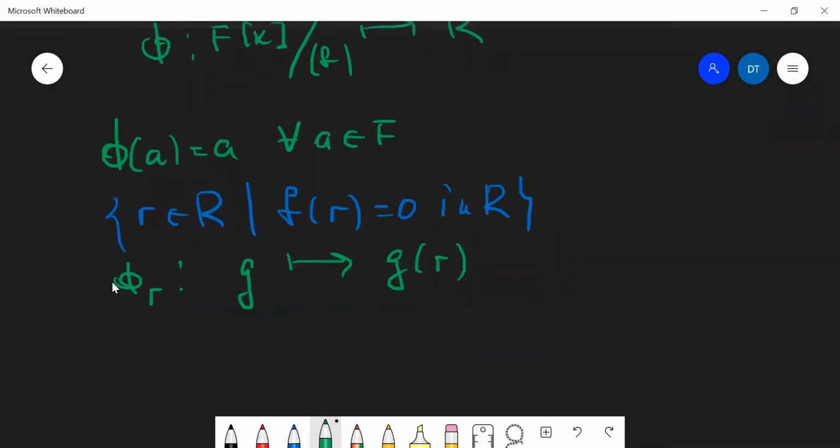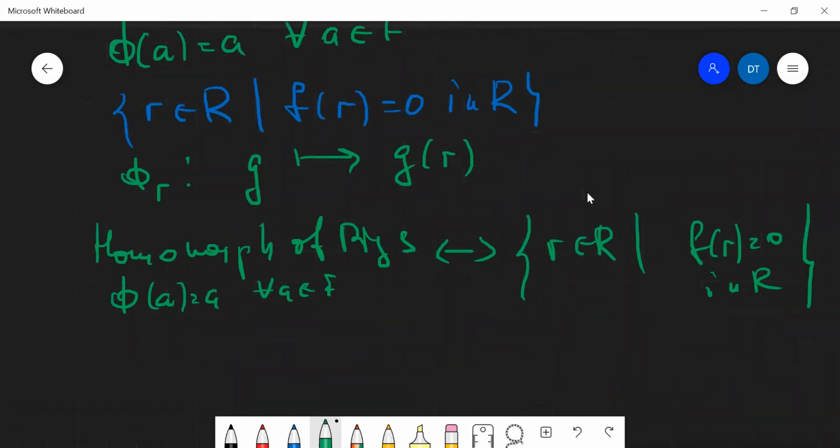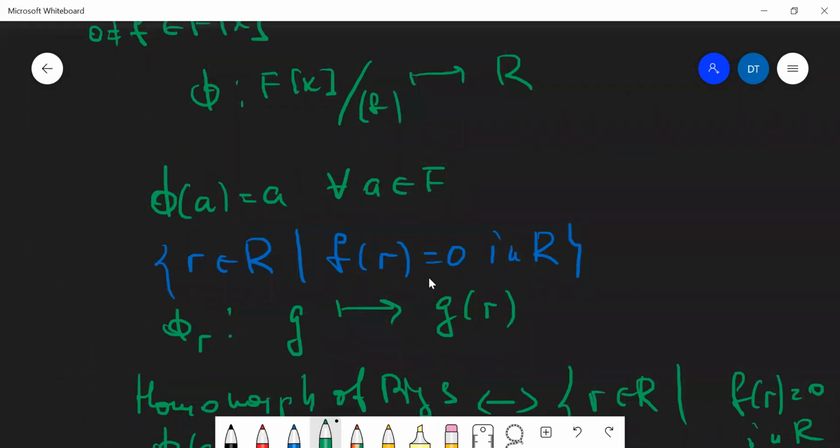So there is a bijection between homomorphisms of rings such that φ(a) equals a for all elements in F, and the elements r in R such that f(r) equals 0 in R. So φ_r corresponds to r here. So this is the complete description. All possible homomorphisms are in this form, and moreover, different elements r give you different homomorphisms.